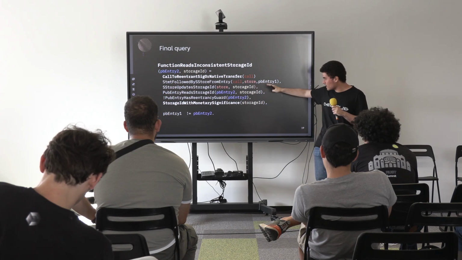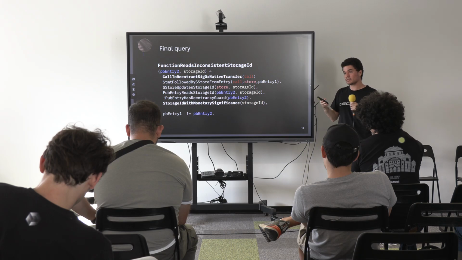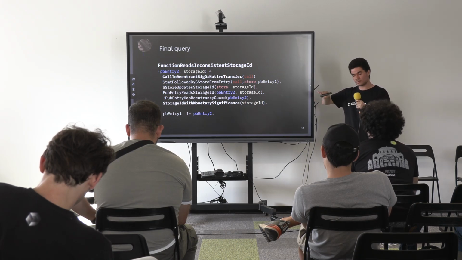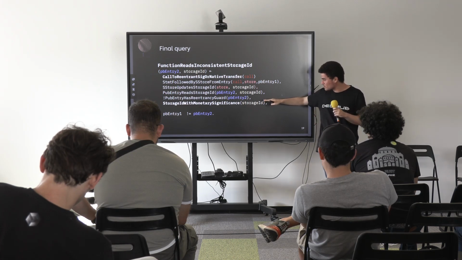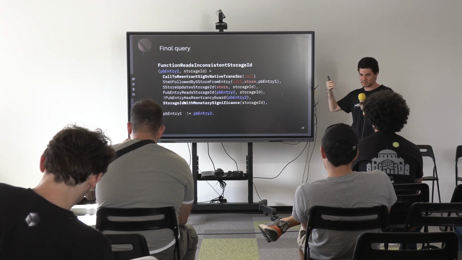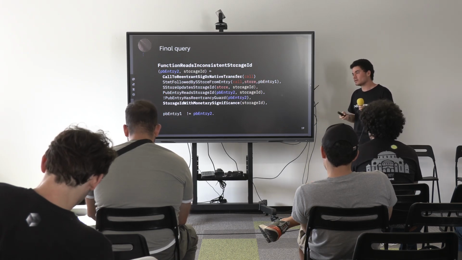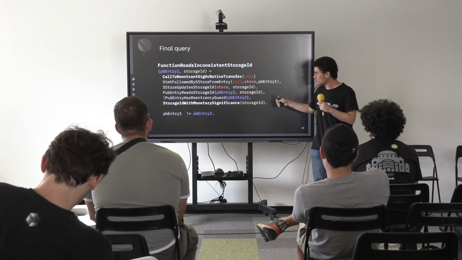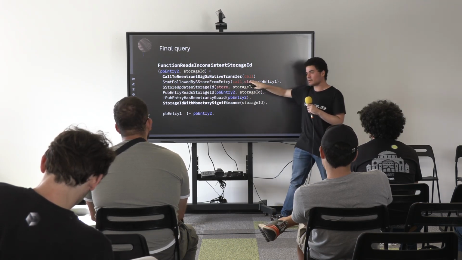We take note of the storage ID that has not been updated when the execution is being hijacked. And in the end, we make sure that that storage ID has previously been deemed as a significant one, with money significance.